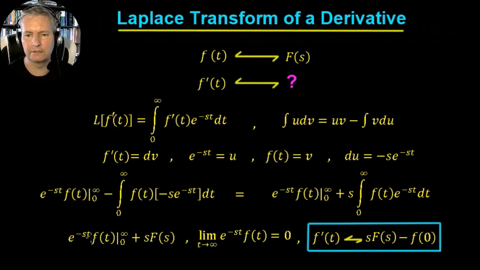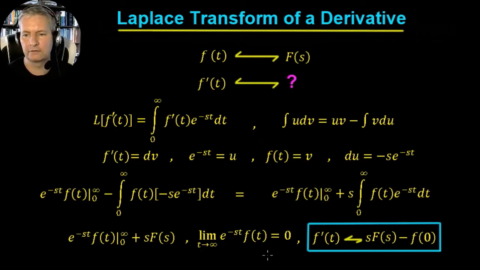And whenever we put the 0 in, e to the minus 0 is just 1, and then you'll be left with f of 0. Also, this thing here is nothing other than s times this thing here, which is just going to be the Laplace transform F of s.